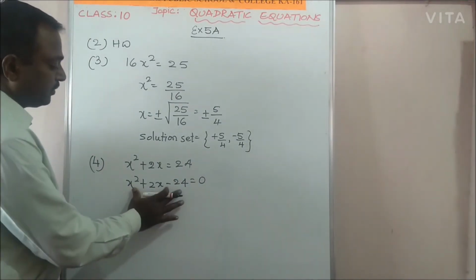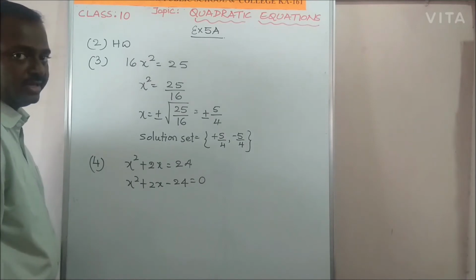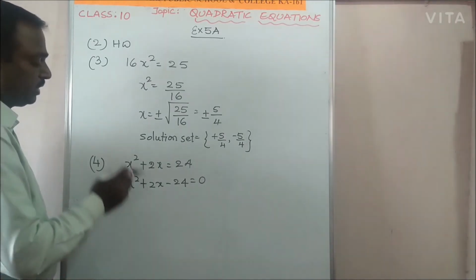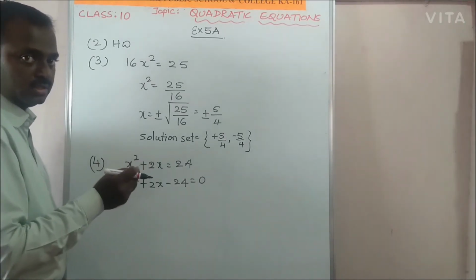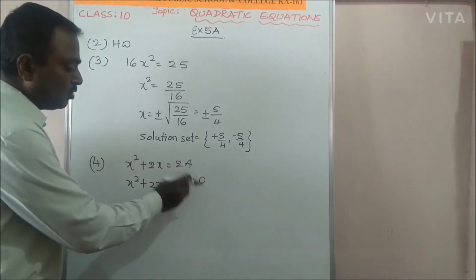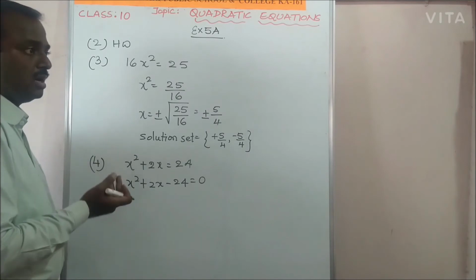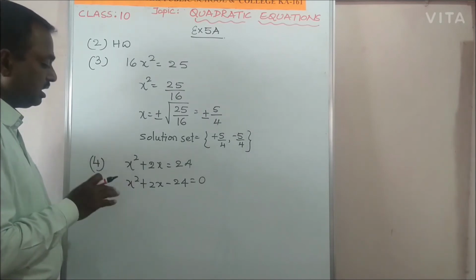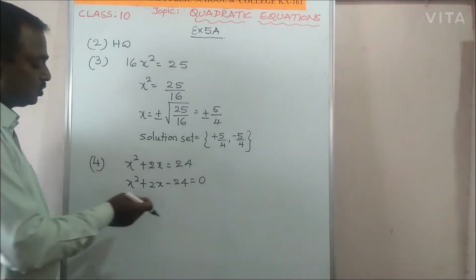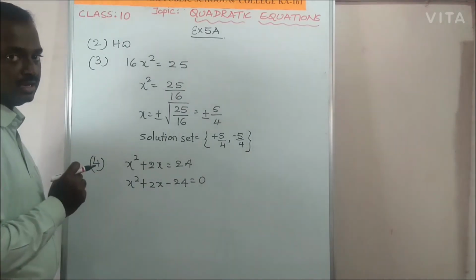Now we have to do the factorization. If you take any two numbers, the product of the two numbers should be equal to 24, and the sum or difference of the two numbers should give the middle number.